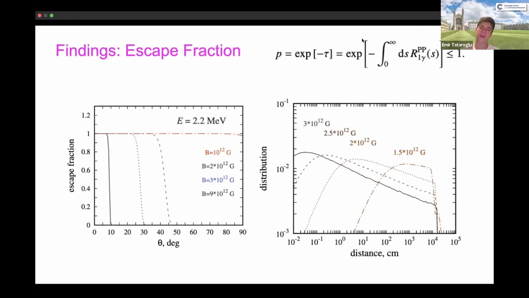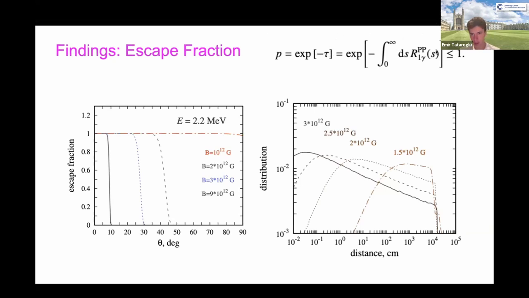On top here, if you're interested, is the way we calculate that, where tau is the integral of the absorption coefficient over the trajectory, and then we take the negative exponent of this to get the escape coefficient.